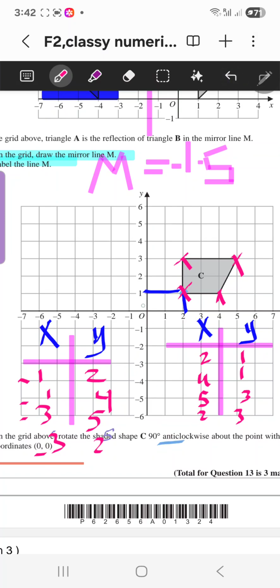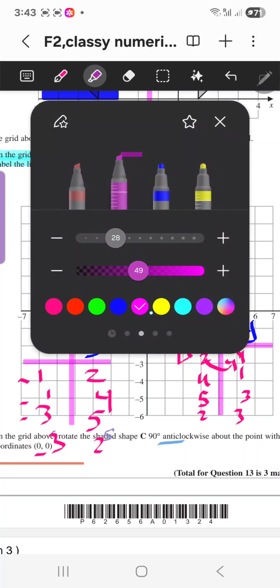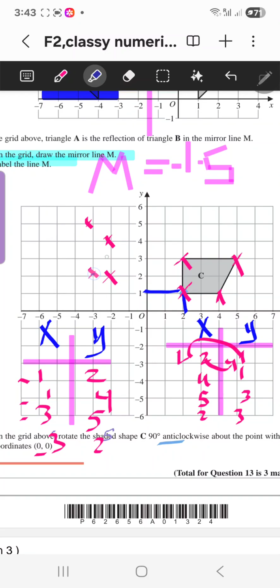We will see the questions here. So we just flip the x and y and put negative in the x. Let's mark here negative 1 and 2, negative 1 and 4, negative 3 and 5, and negative 3 and 2. Then we're going to join them all, like this.